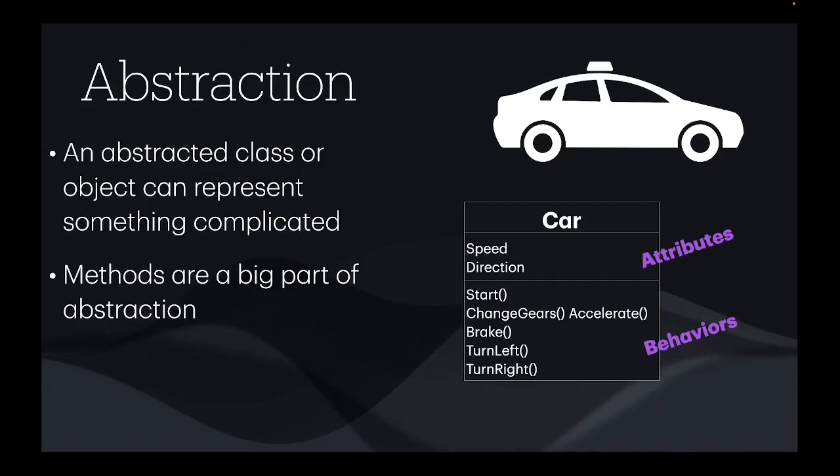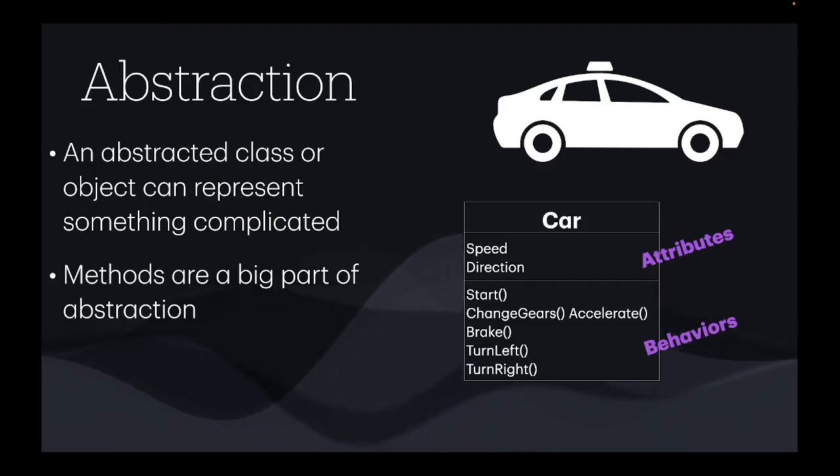No, you just probably called the print method or the print function or the write method or write line or something like that. You used an abstracted method to take care of all of those details so that you could just focus on the big picture idea of, hey, I want to make it say hello world on my monitor.